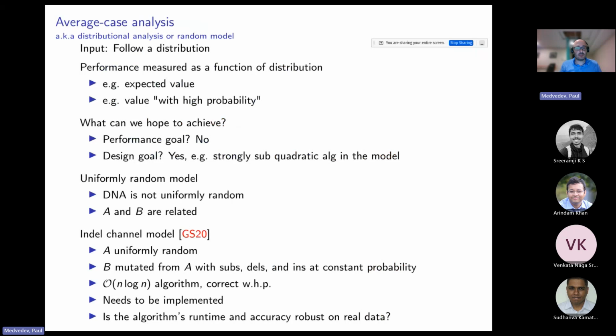Now, unfortunately, the algorithm hasn't been implemented or tested. And so it's really an open question of what's going to happen when you run this on real data where these assumptions are not met, right?